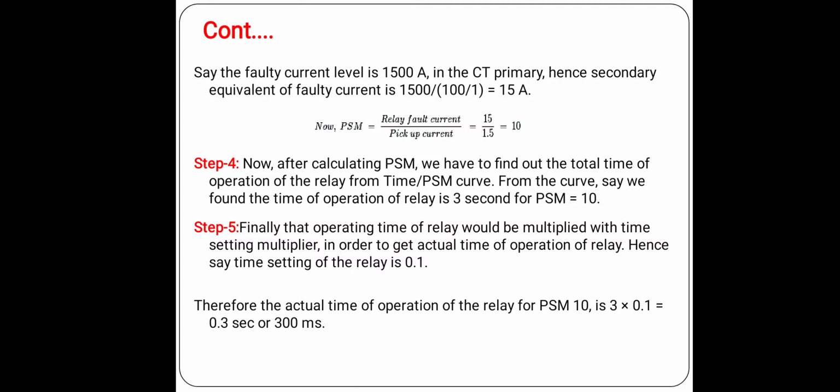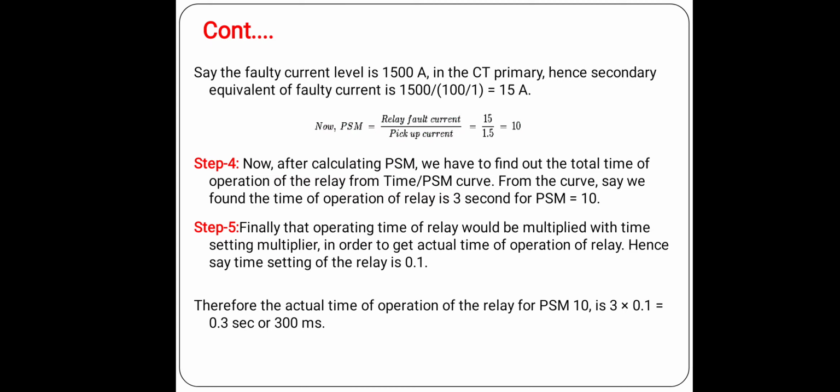We will see in the next slide an example where the time-PSM table is given. So whether we are given the time-PSM table or the time-PSM curve, after calculating PSM we have to find the operating time of the relay from it. Suppose at PSM 10 the operation time of the relay is 3 seconds, as mentioned in the time-PSM curve or table.